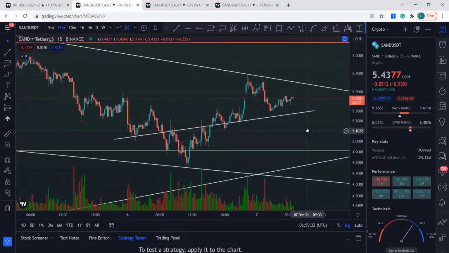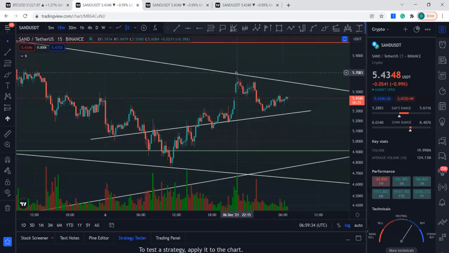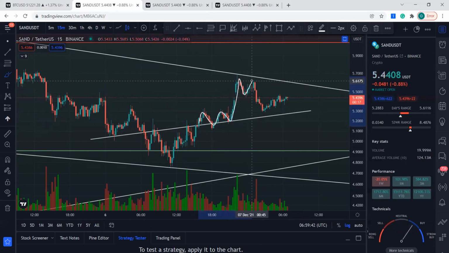Now just be careful because it did hit this resistance line. Now it is creating something very similar. Look at this. You can see this double bottom that it created, and it created this right over here.